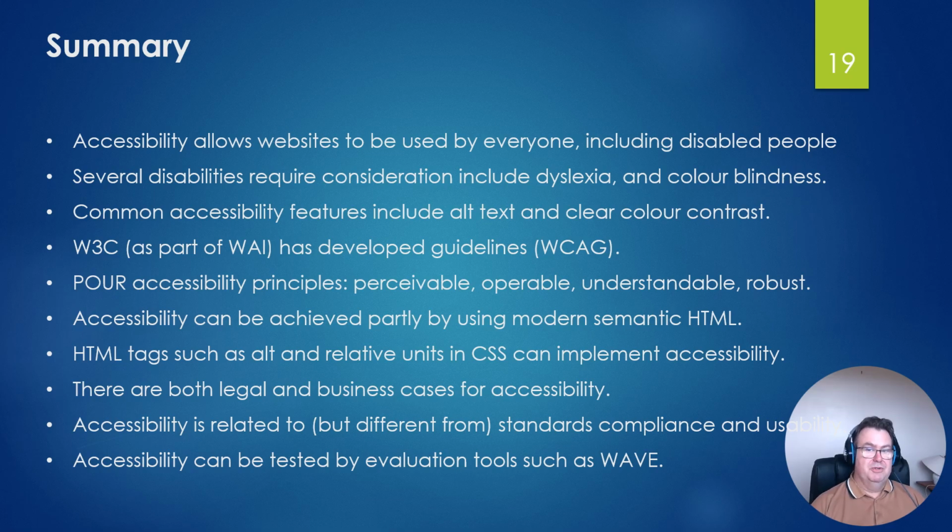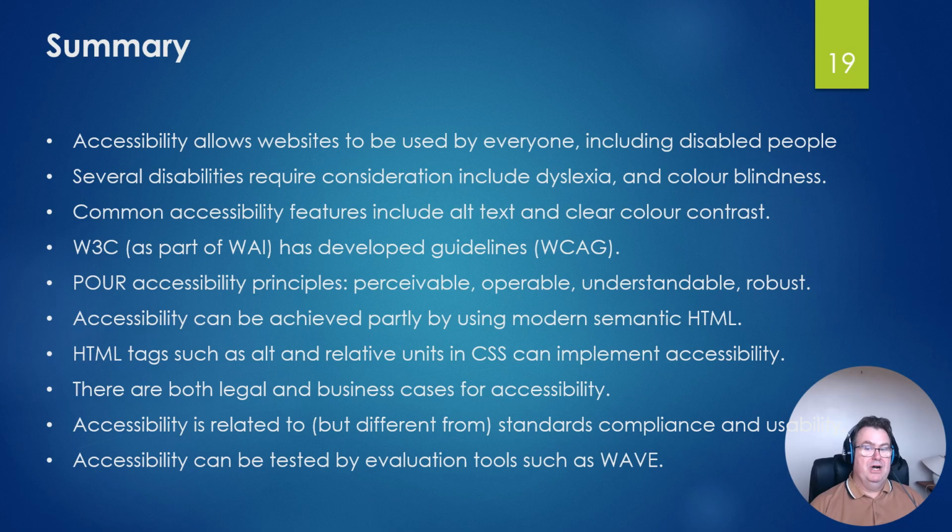And the WCAG has 4 sets of principles given by the POUR acronym: perceivable, operable, understandable, robust. So you can see what's there, you know how to use it, you know what it does, and hopefully you won't get any errors.